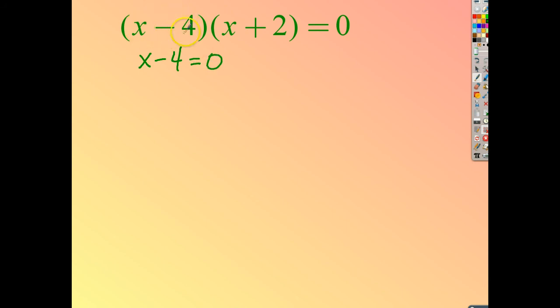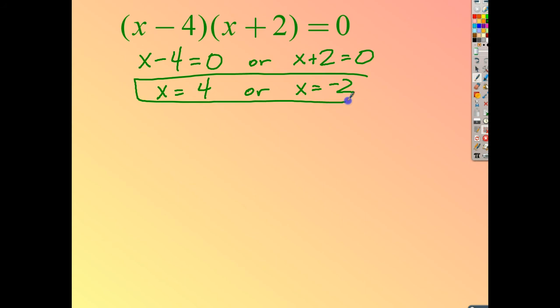If this whole thing here is 0, then no matter what I multiply by, I will get 0. Or x plus 2 has to be equal to 0. If I can make this part 0, then my whole thing will end up equaling 0. Well, this is where x is equal to 4, or where x is equal to negative 2.